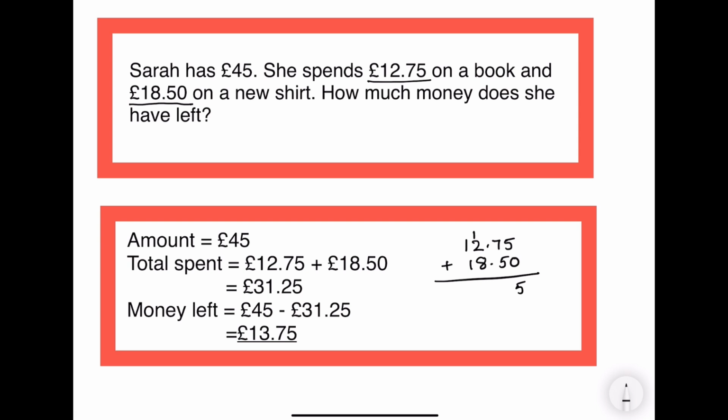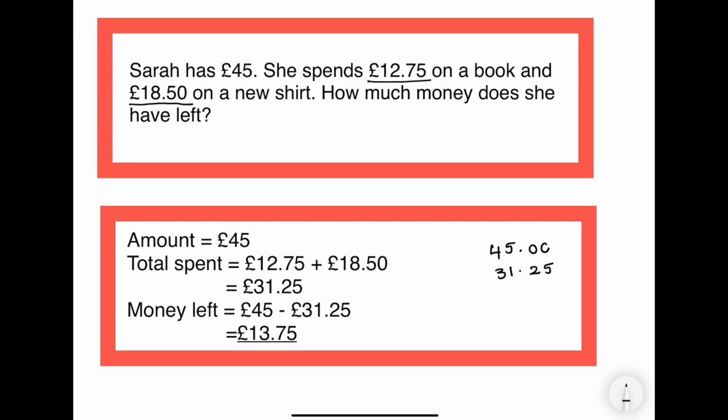When you add the decimals, you have to put the point under the points, and the total spent is 31 pounds 25, and we need to work out how much money is left from 45 pounds. So now 45 take away 31 pounds 25p.